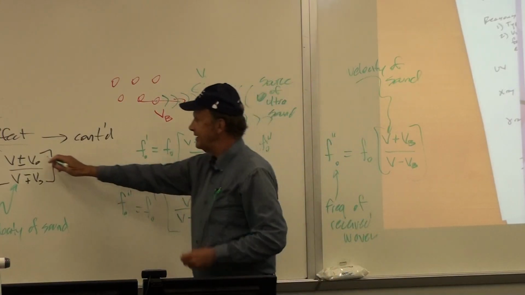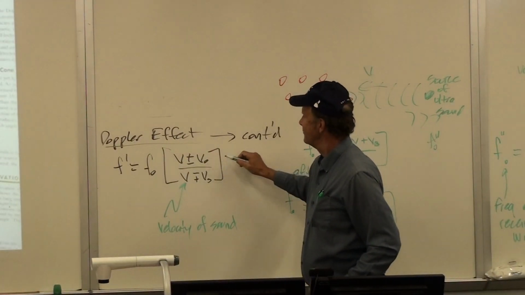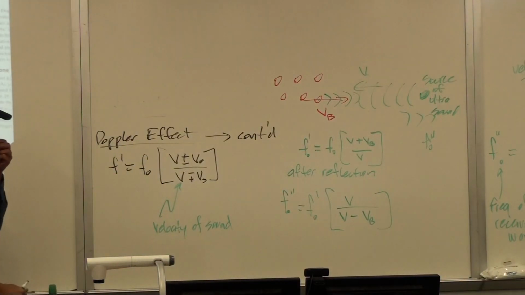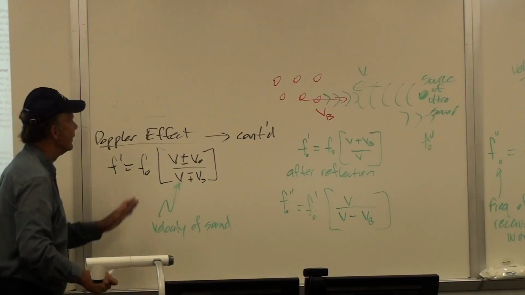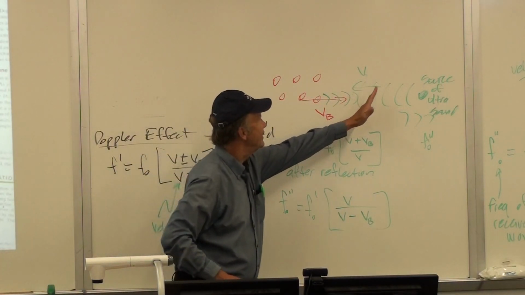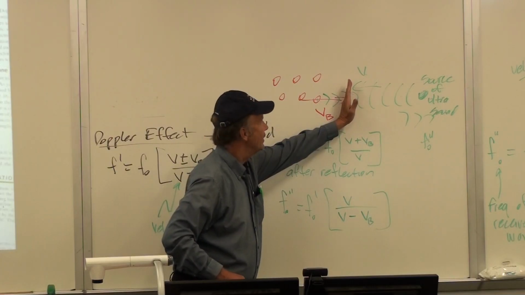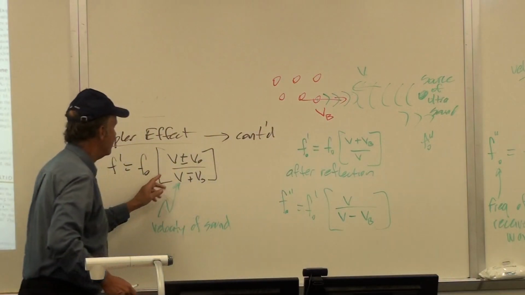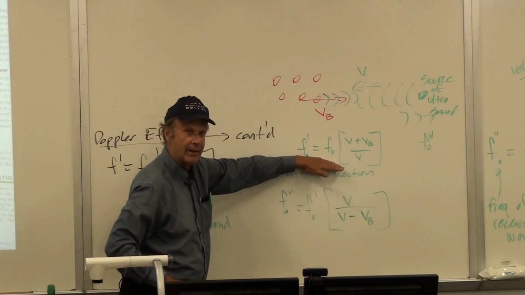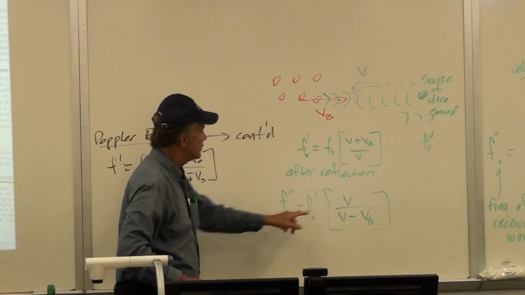So essentially, it's this equation where in the first part, you can think of the blood as being the observer. It's getting a certain frequency from the source as it's moving toward the source. But then after the reflection, that frequency, which came from the blood, is now the moving source.